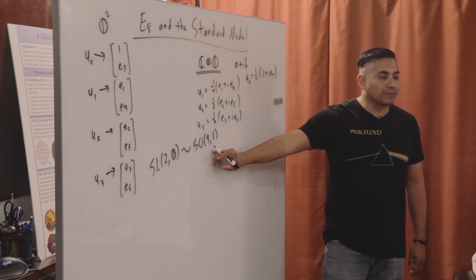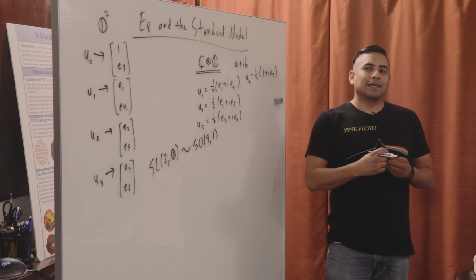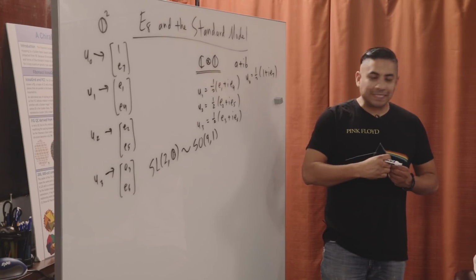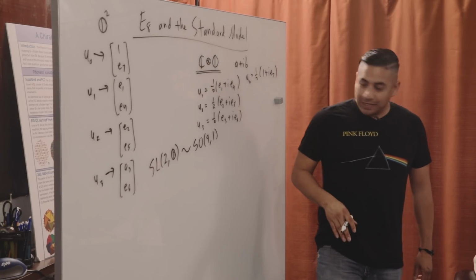So this is 10-dimensional, where 9 behave like space and 1 is time. So they look like Lorentz transformations in 10 dimensions. It's pretty nice, you have this correspondence here.